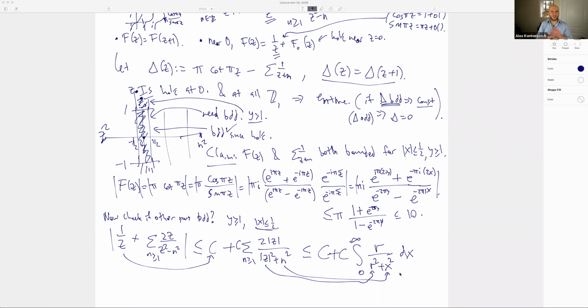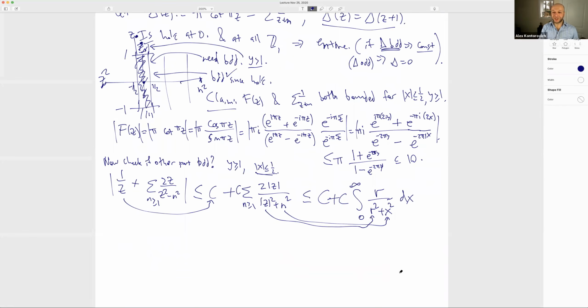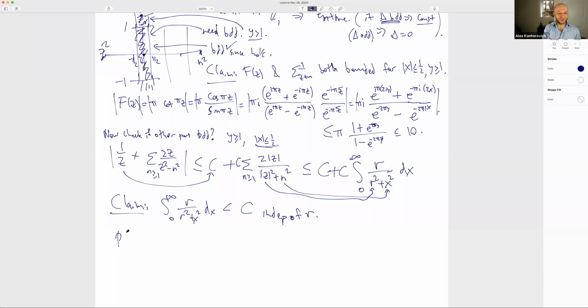That's nothing. I'm just writing the summation as an integral. No objections. Now comes a little bit of magic. This thing is bounded independent of r. So claim, this is just easy calculus, the integral of this thing is bounded independent of r. And this is very easy to prove.